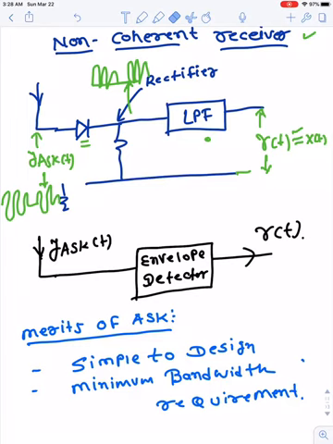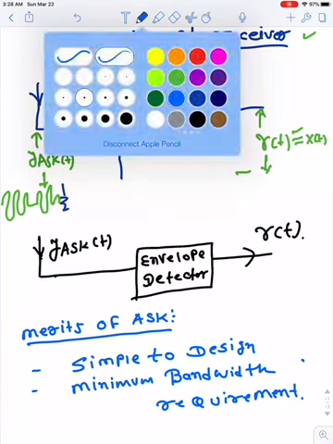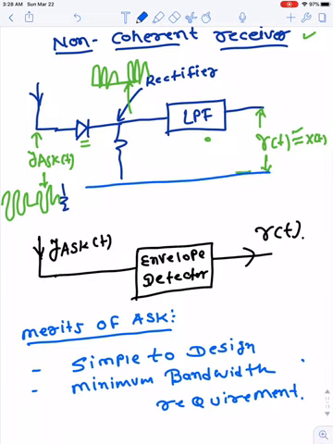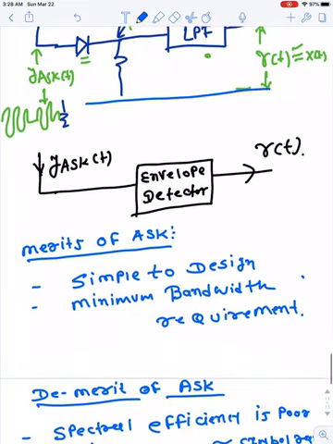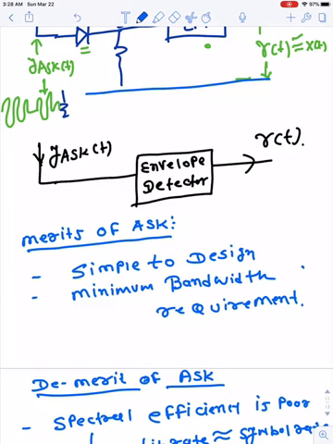Whatever the input, we just pass it through the clamping circuit, the diode, which simply replaces the negative portion, then the signal has both the parts, desired and undesired, passes through the low pass filter, and we get the desired outcome here.